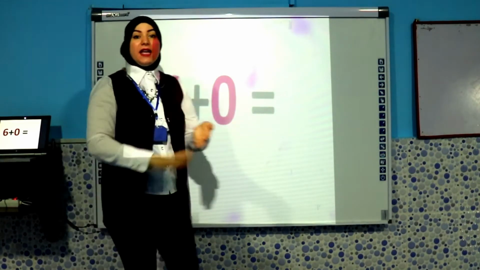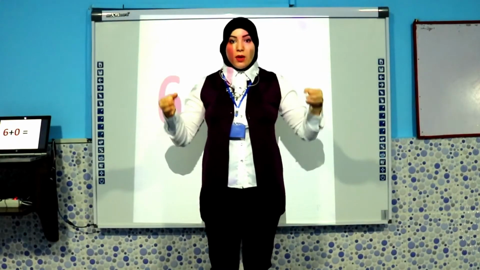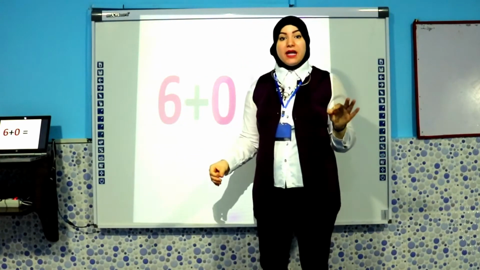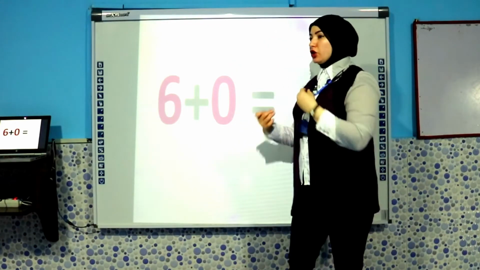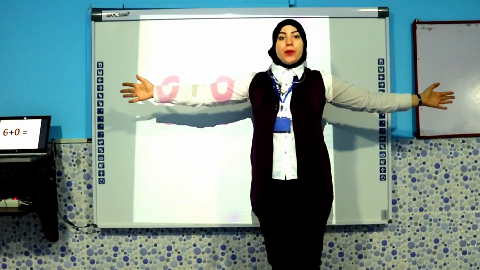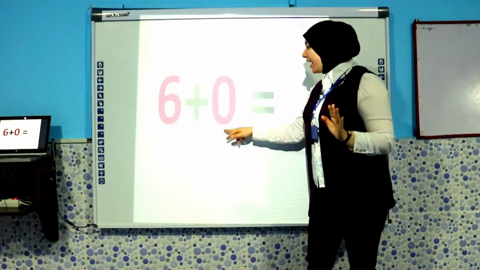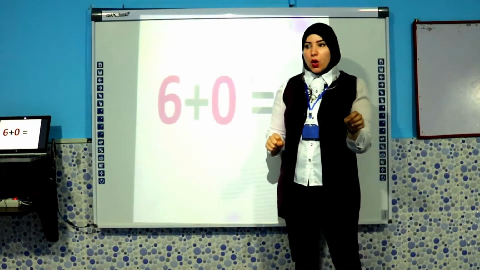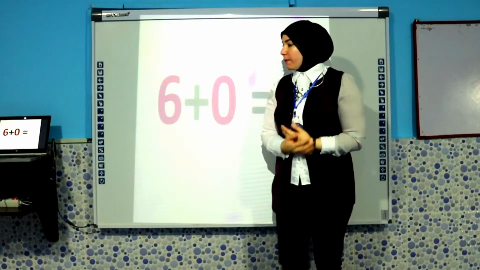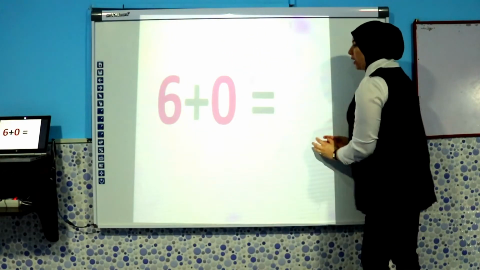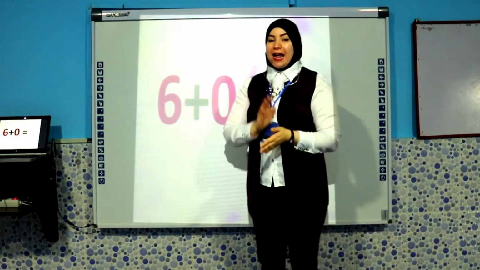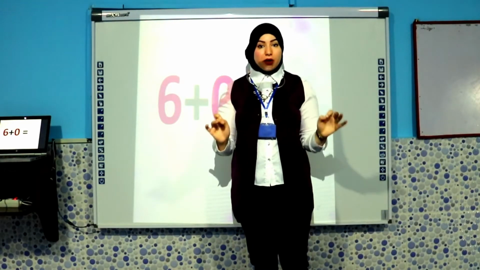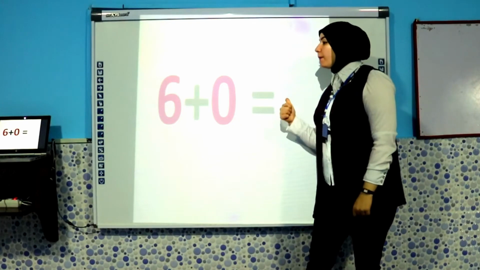So anything plus 0 gives me the same number. When we have 0, it means I have to take my number and get out. So anything plus 0 gives me the same number.